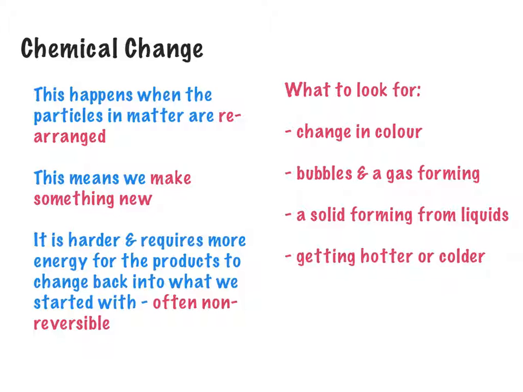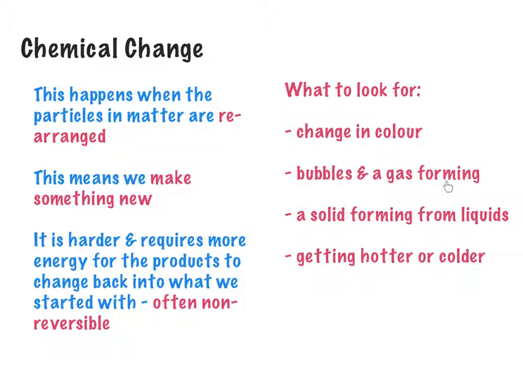So what do we look for if we have a chemical change? Well, we saw that a physical change is often just a change of the way it looks, its state or its phase. So let's look at this. A chemical change can also be a change in state or phase. That's okay, but it can change colour. Now with a chemical change, it's more likely that more of these things are going to happen than just the one.